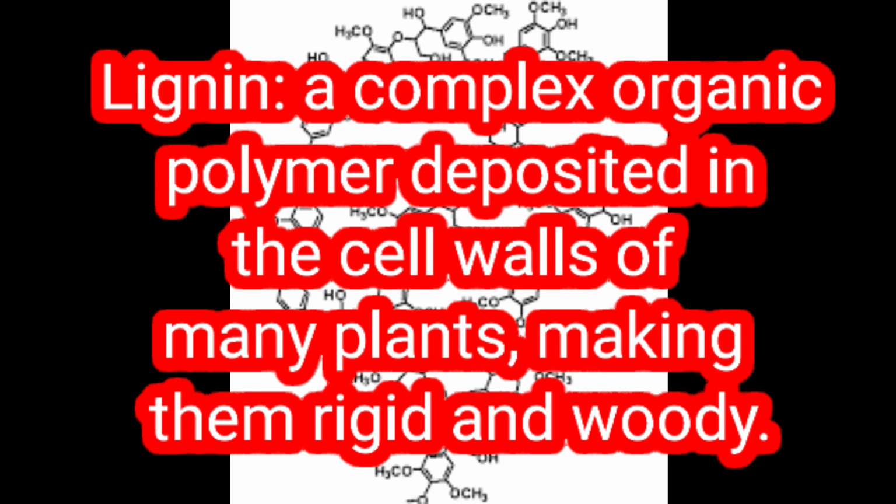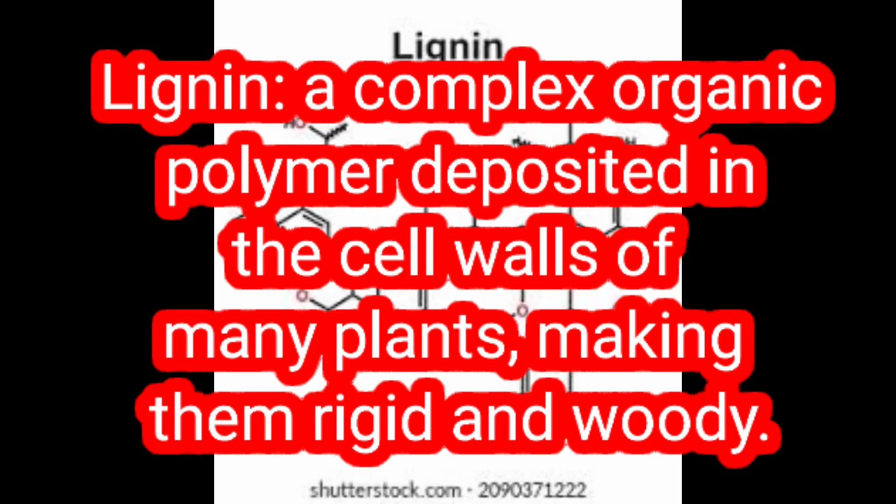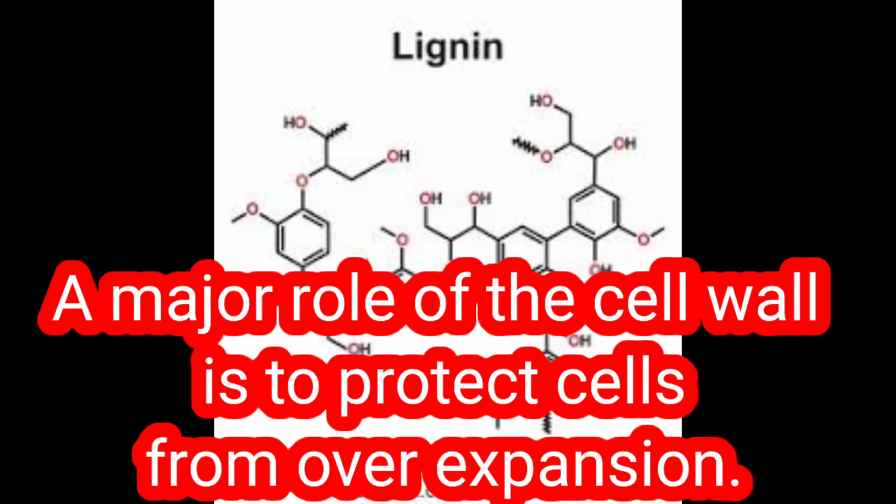Lignin is a wood fiber. So we can say that lignin is present in the sclerenchyma cells. Sclerenchyma cells are those cells which are stone-like or hard cells in plants. Later on we will learn more.